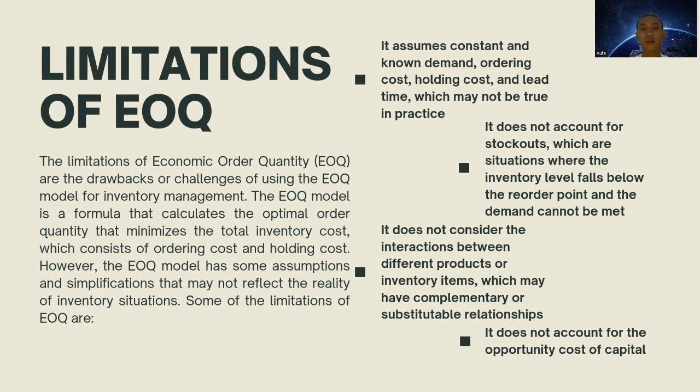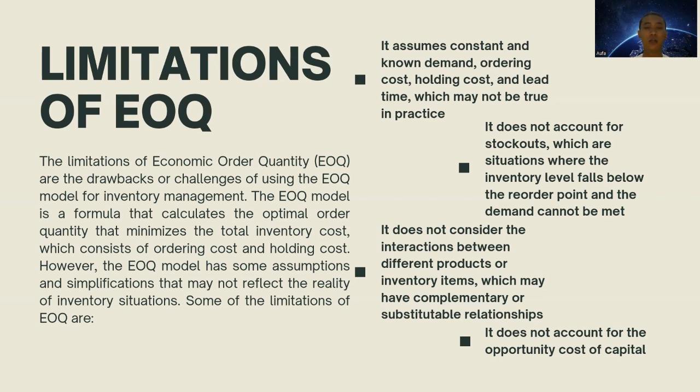For example, if two products are complements such as bread and butter, then the demand for one product may depend on the availability of the other product.